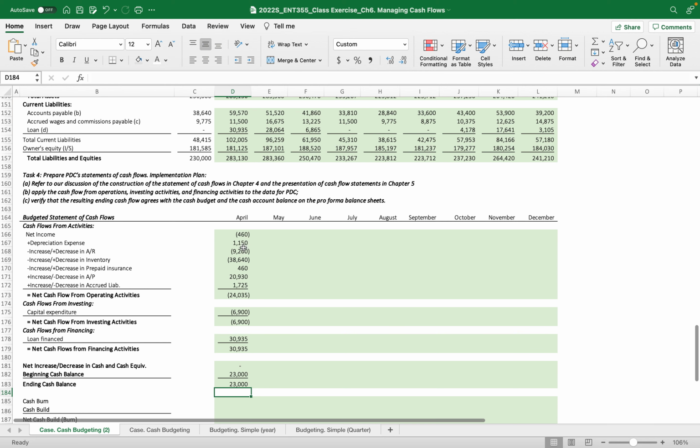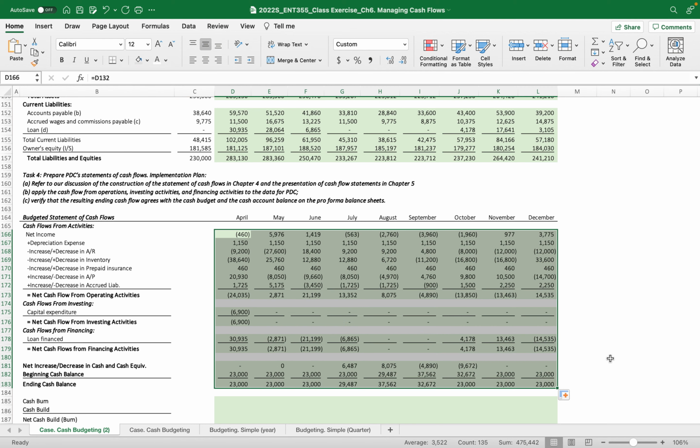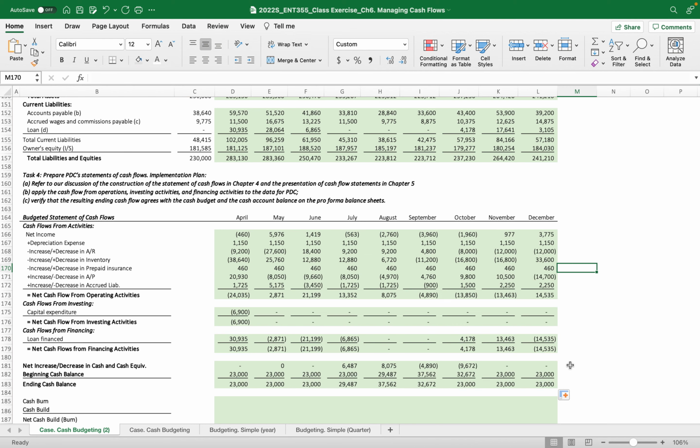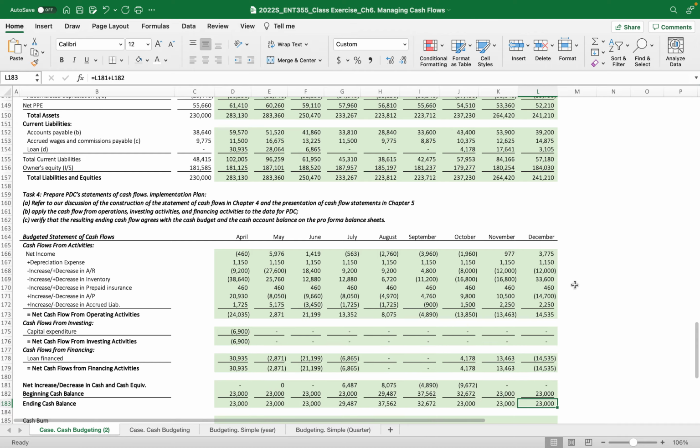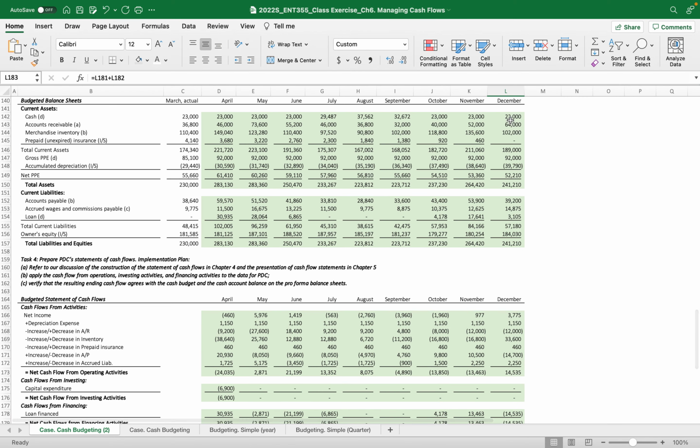So let's drag and increase. Let's check if this ending balance is the same as the ending balance of cash on the balance sheet. Here we go, 23 is exactly the same.